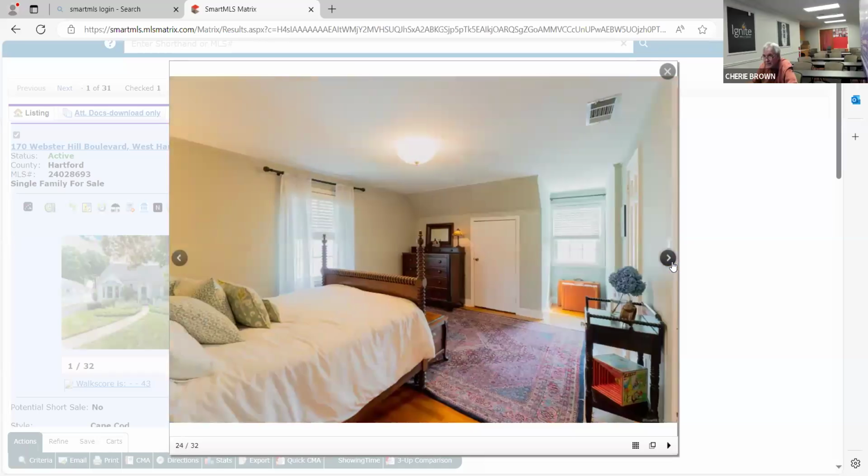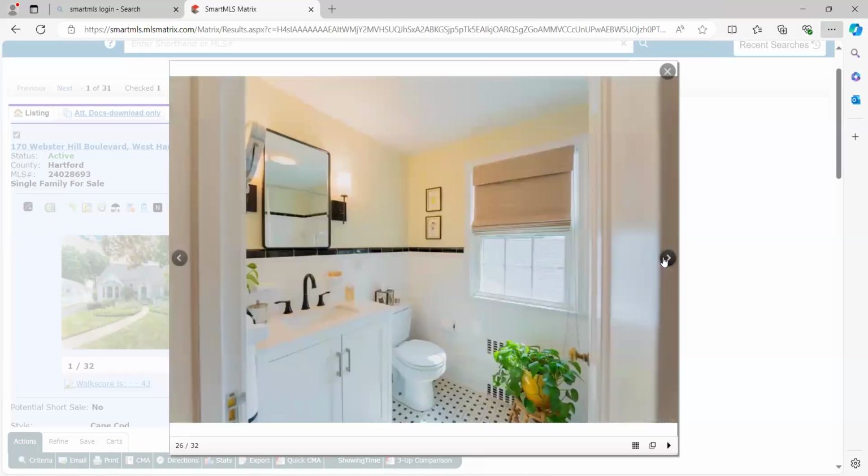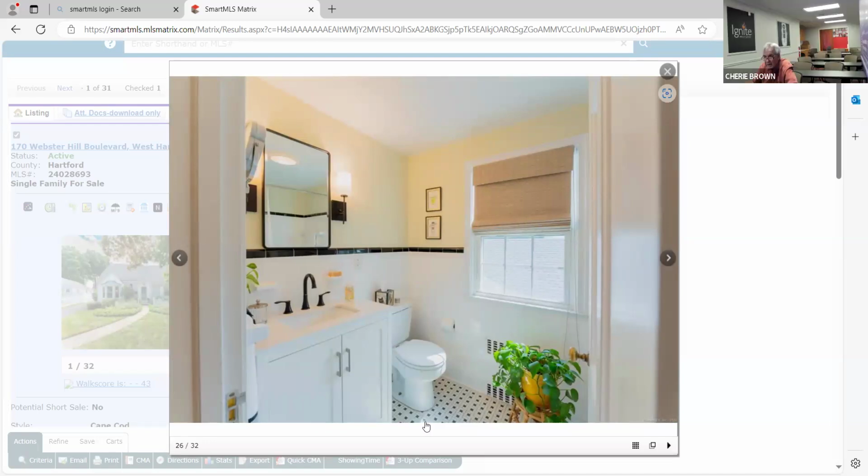Nicely kept. These styles look so old. Older tile, but all in good shape.